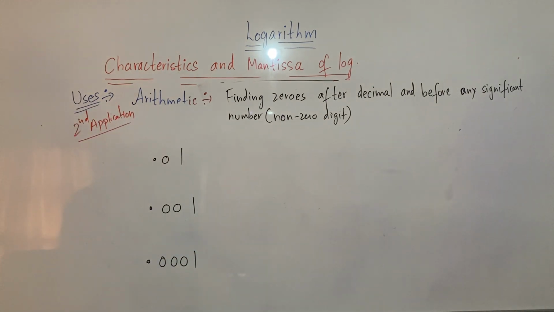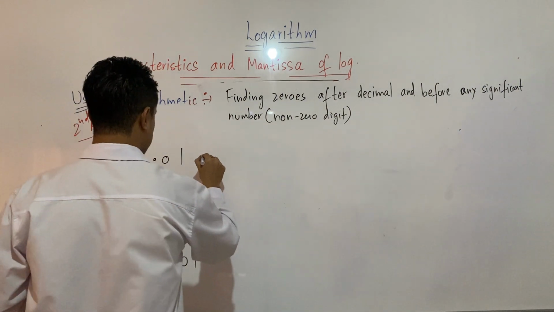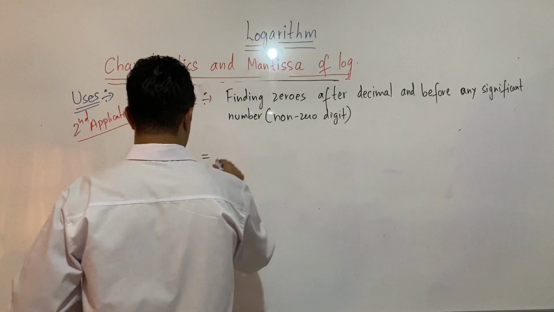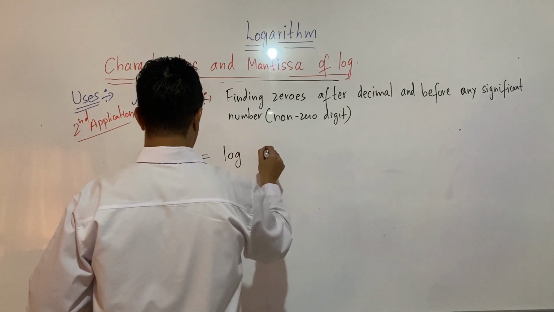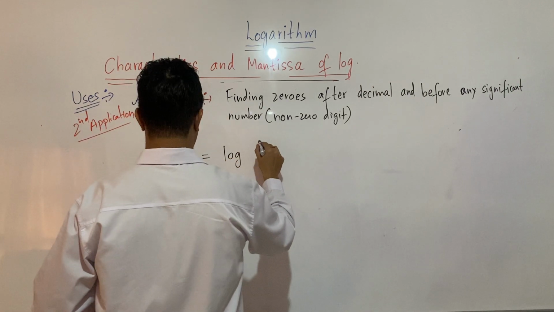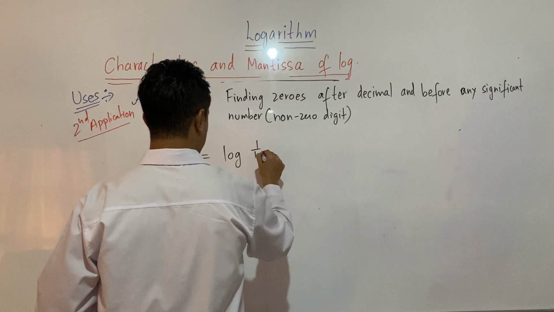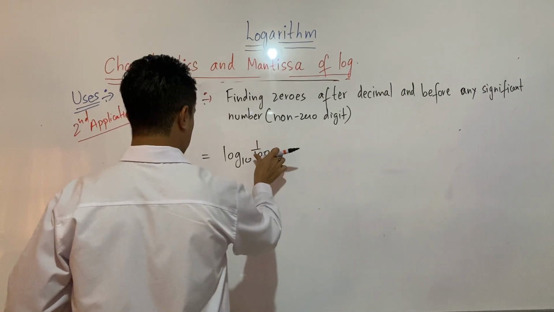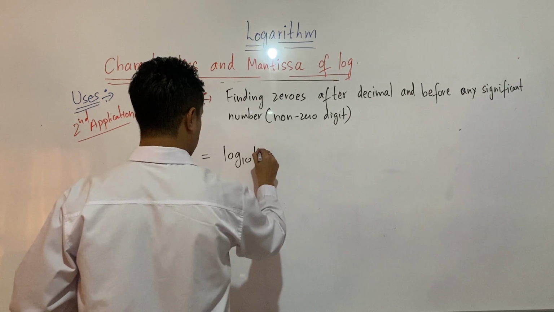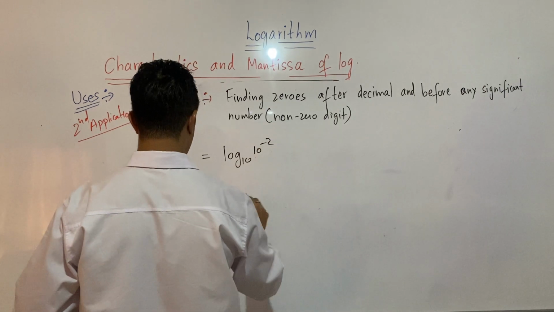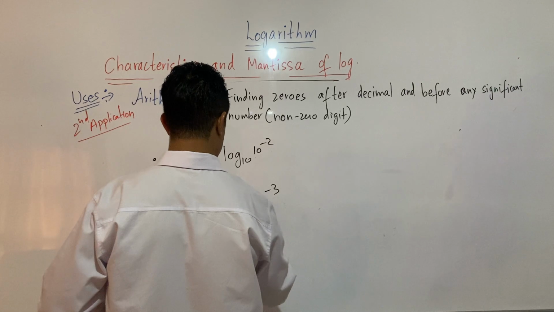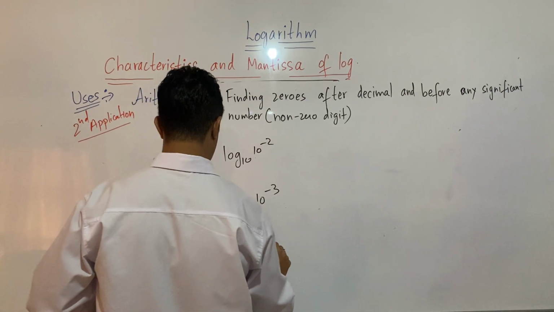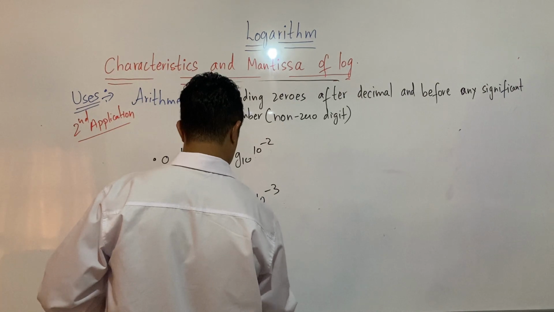Okay, so if we take the log, it's going to be log of 1 by 100 to the base 10. This is going to be log of 10 to the power minus 2, and this is log of 10 to the power minus 3 to the base 10, log of 10 to the power minus 4 to the base 10.